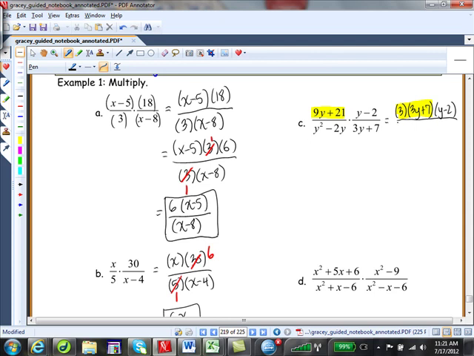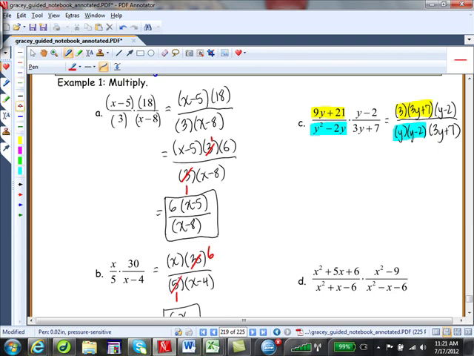Okay, the first denominator factors as y times y minus 2. And then we still have the 3y plus 7, which is prime. So this is equivalent to this. Now all the factors are in parentheses.